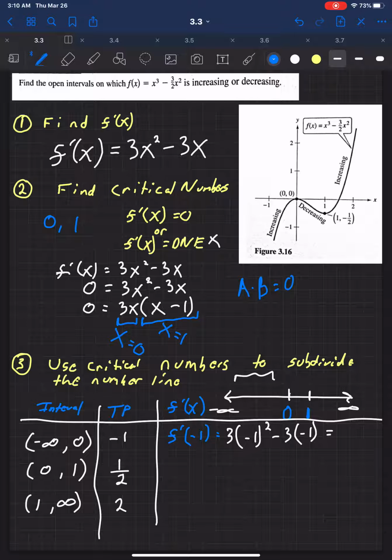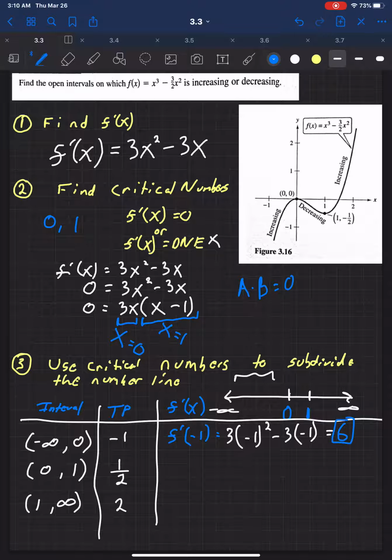You can let your calculator do this arithmetic for you, or you can run through it in your head. It's fairly simple. -1 squared times 3 minus 3 times -1, and you should get the positive number 6.